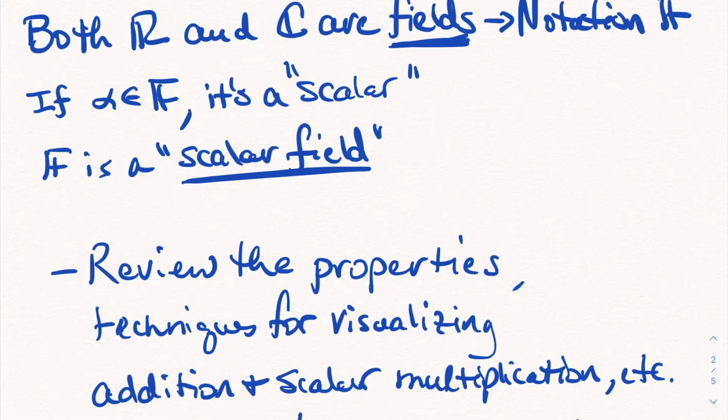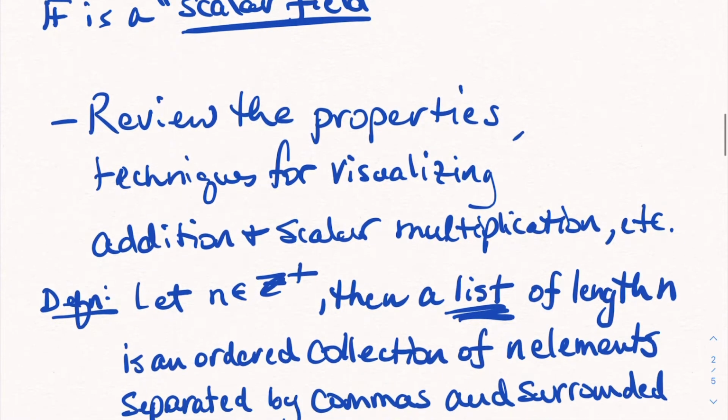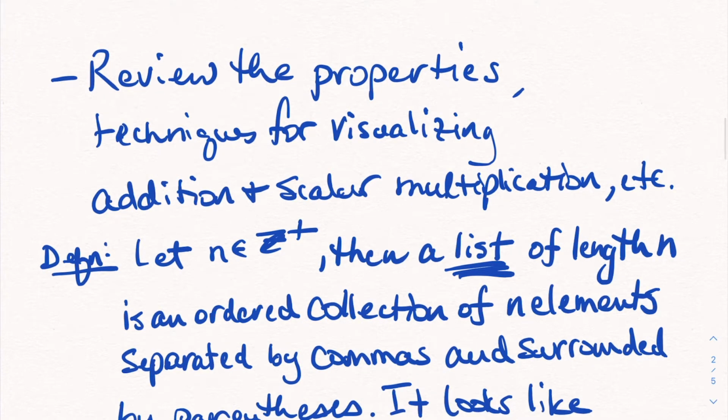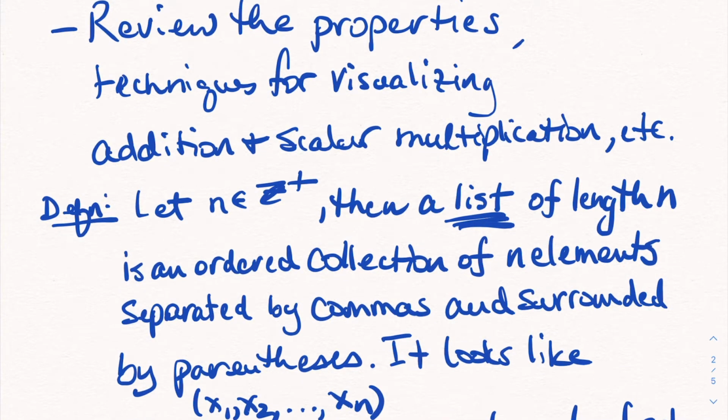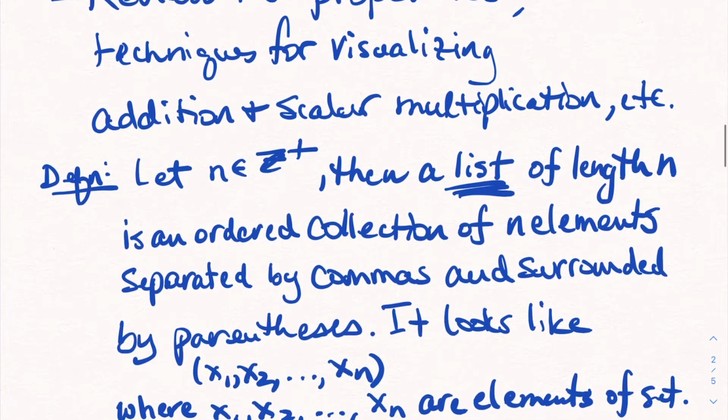It's in my notes, but I'm not going to discuss it in class. I think it's something you can review on your own, but make sure that you think about how we're going to graph or visualize or sketch pictures for vectors and addition and scalar multiplication of elements of this class.